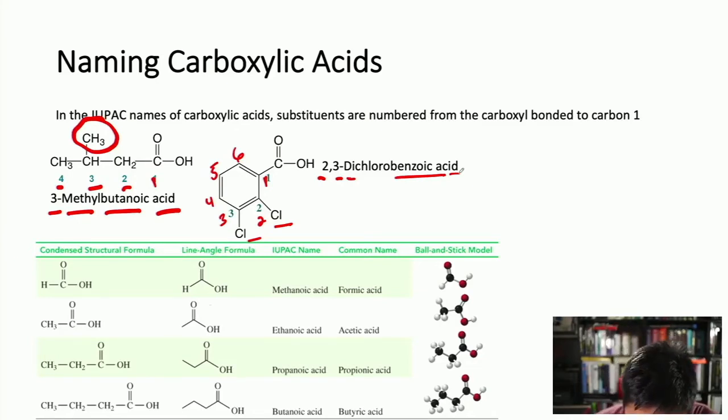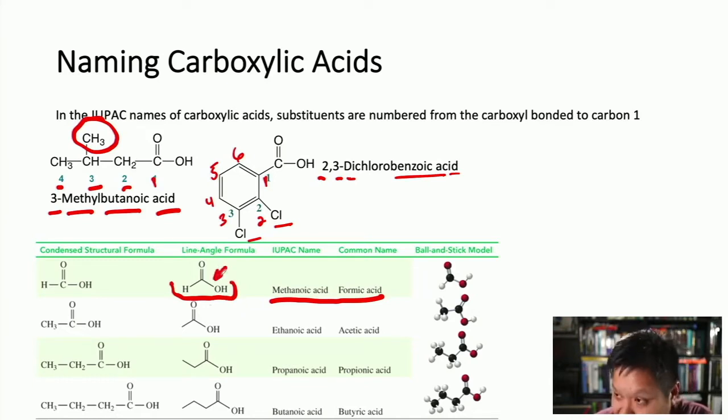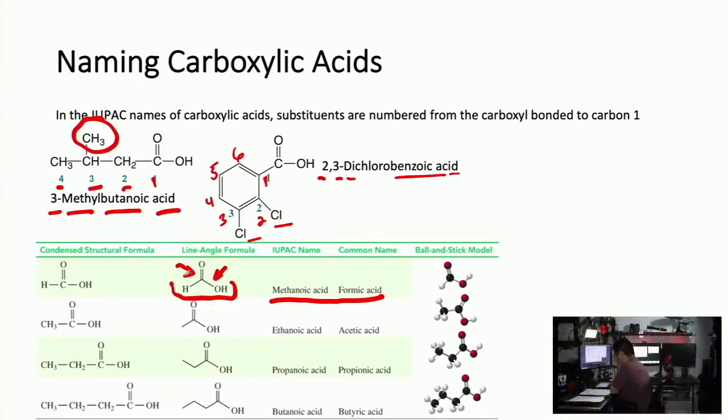Here are a few more common names for carboxylic acids you should know about. We have methanoic acid, also known as formic acid, this guy right here. Interestingly enough, one side of it is a carboxylic acid, and then the other side is actually an aldehyde. And if you remember, formaldehyde would have an aldehyde on both sides.